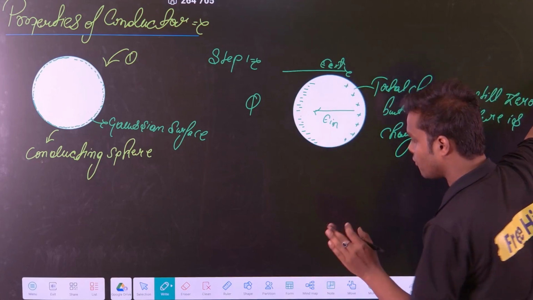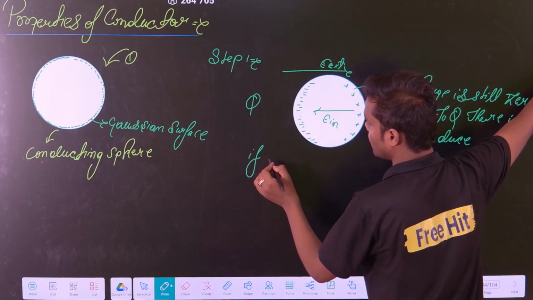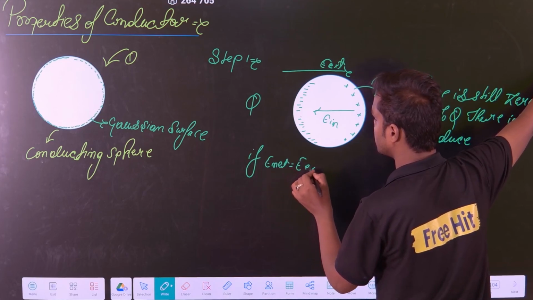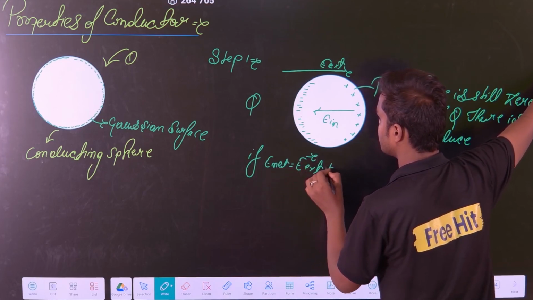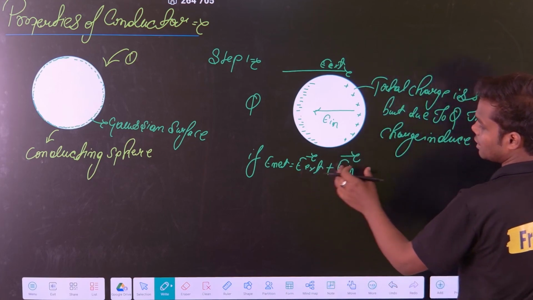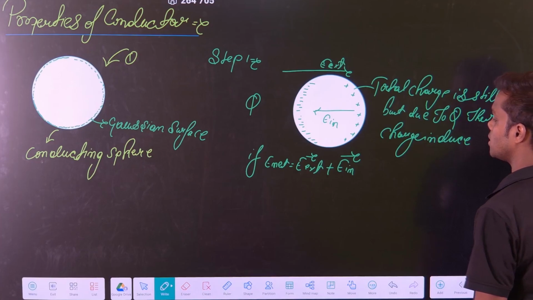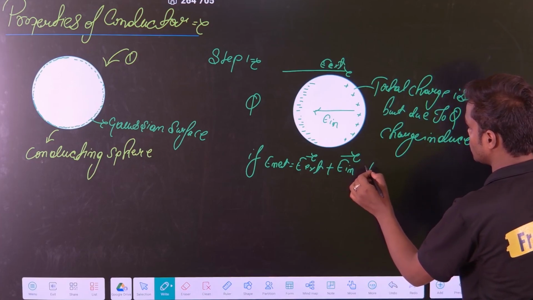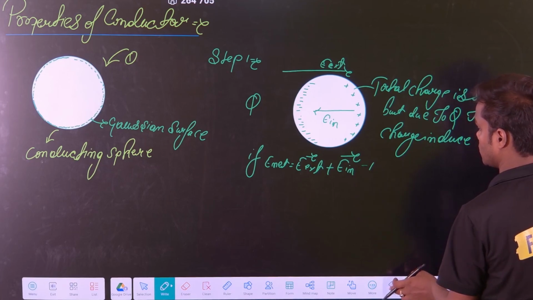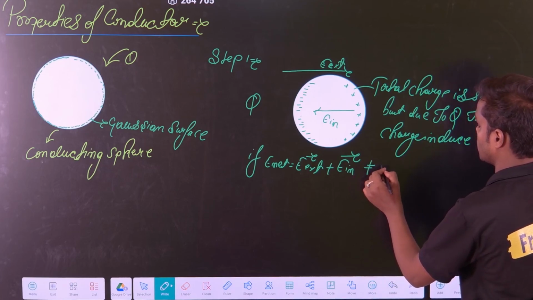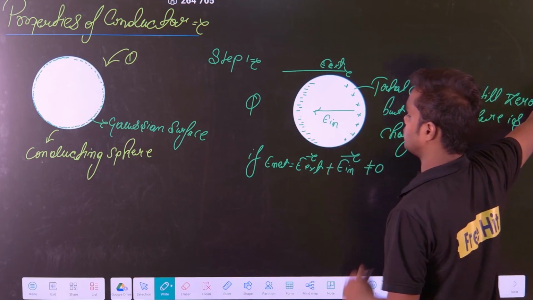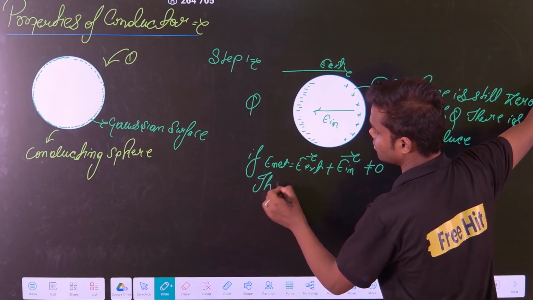My E net will be how much? That will be E external plus E internal, correct or not? I am writing in vector form. It is not equal to 0. If it is not equal to 0, then what will happen?